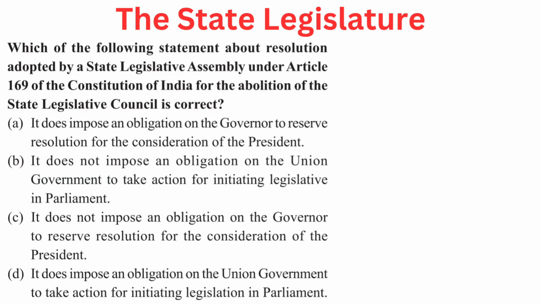Your question is, which of the following statement about a resolution adopted by a state legislative assembly under Article 169 of the Constitution of India for the abolition of the state legislative council is correct?